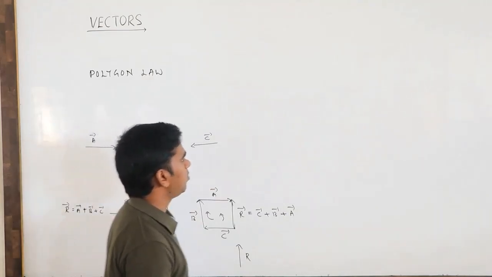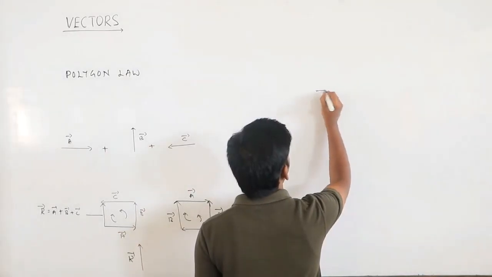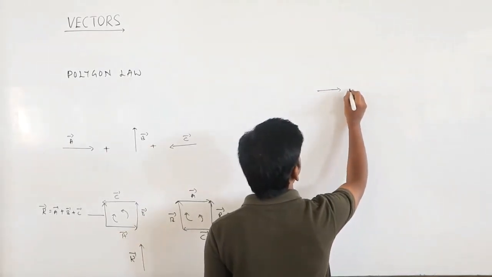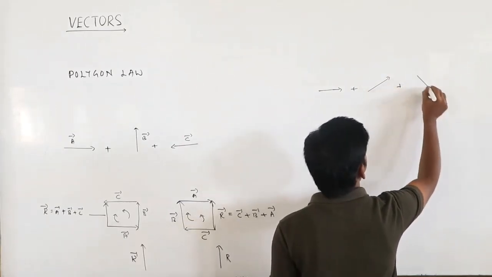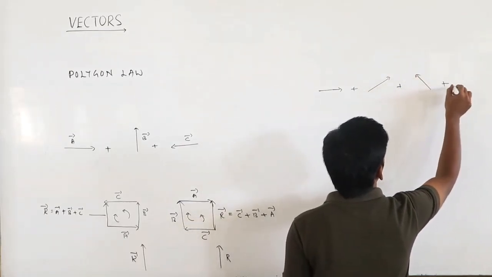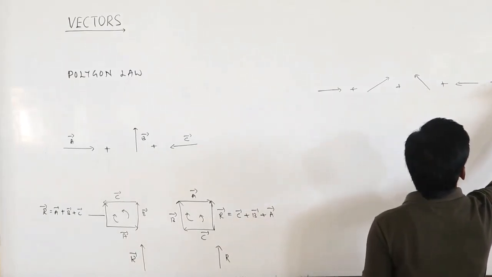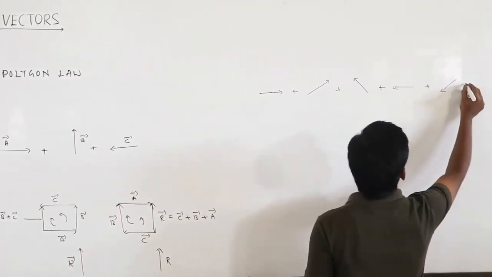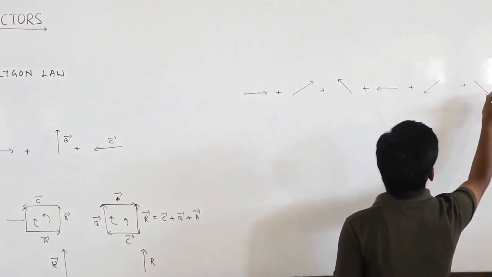Suppose you have a number of vectors: one vector in this direction, plus another vector in this direction, a third in this direction, a fourth in this direction, a sixth in this direction, and a seventh in this direction.